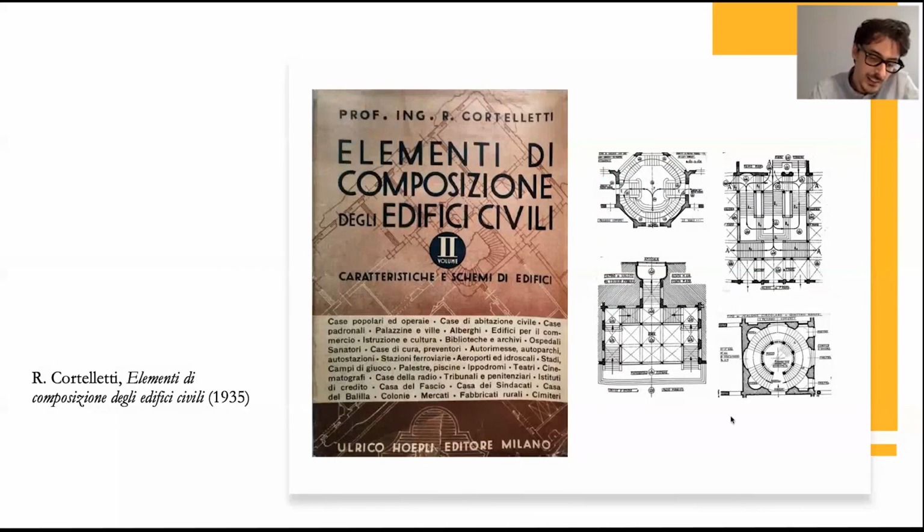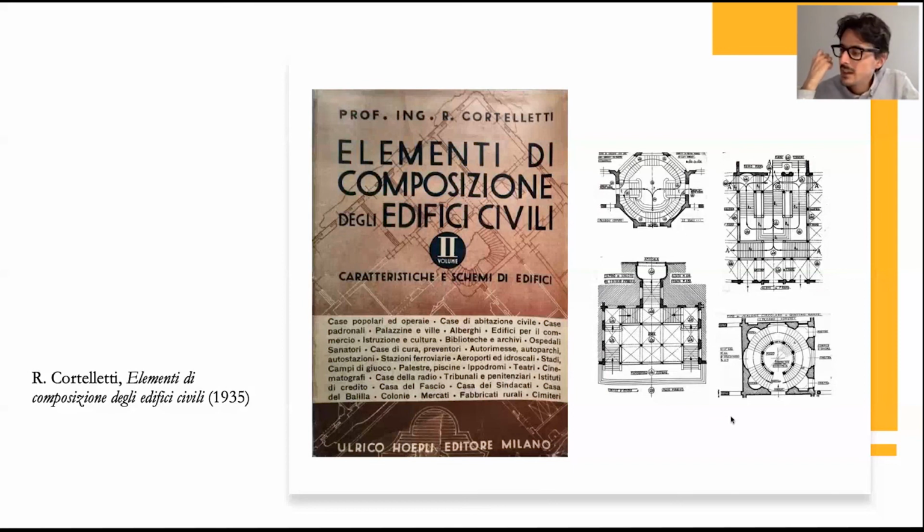I think it allows us to overcome a certain bias towards academies. I'm very much convinced, by the way, that composition is not just something that is related to beauty, to achieve beautiful buildings.